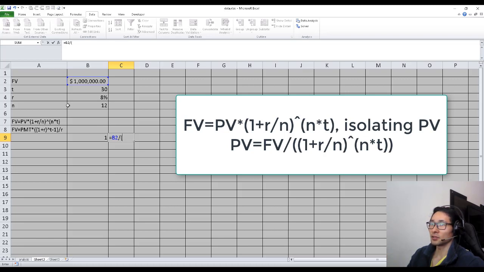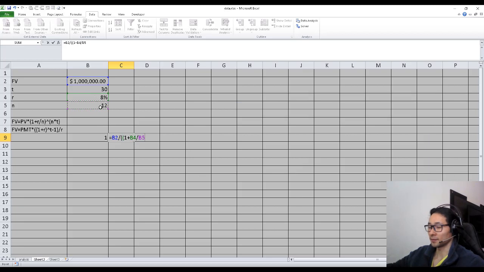So, future value divided by 1 plus r divided by n to the power of t times n.